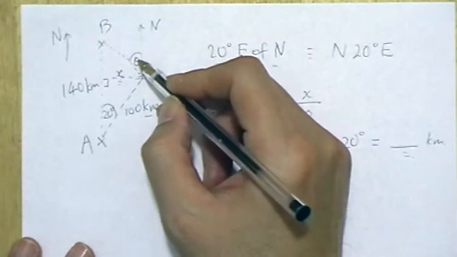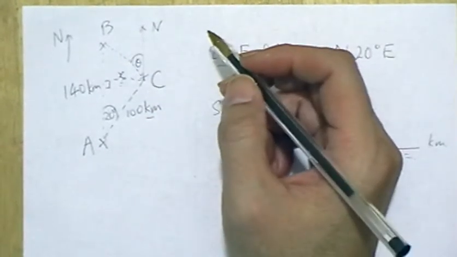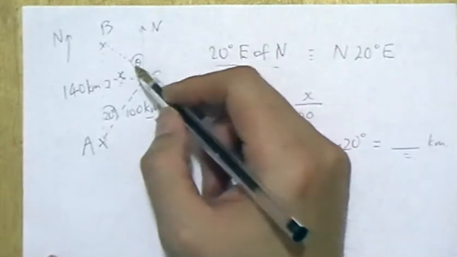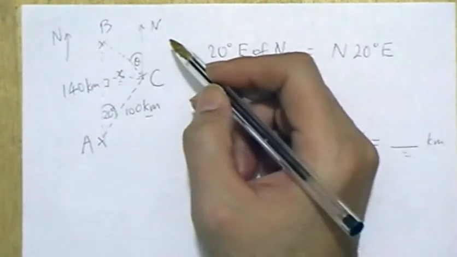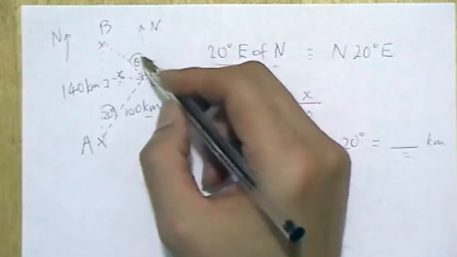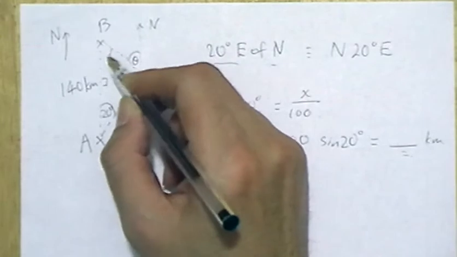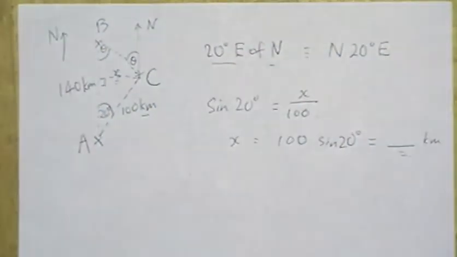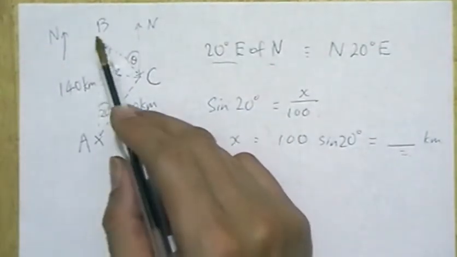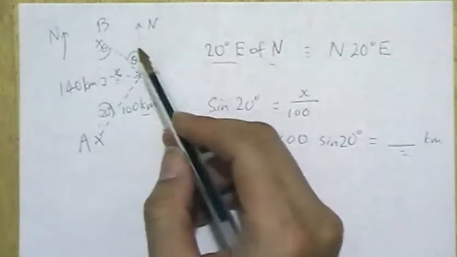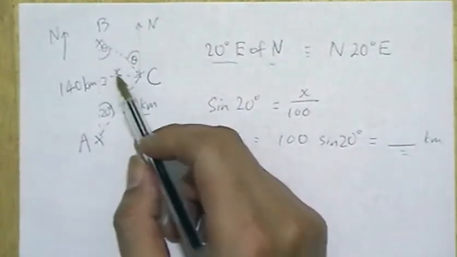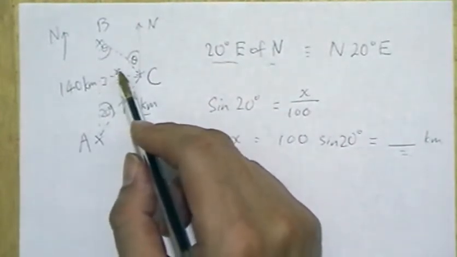Then in order to find this angle, we see that this angle is the same as that angle. So if we now look at this triangle, it is a right angle triangle, and we know this opposite side to the angle, and we need to find the angle. But the information here is not enough.